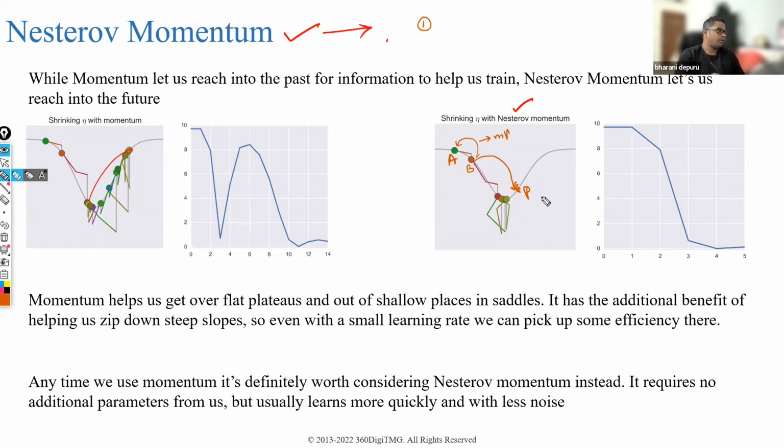Say the gradient or rate of change at P will be G, and then you scale it by eta. Then at point B, we add the scaled gradient at point P and the scaled momentum, this part, to give us a new point which will be C, somewhere here.